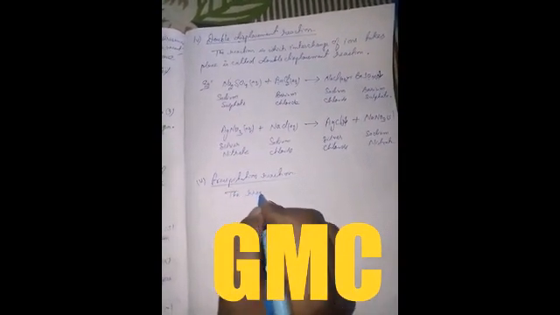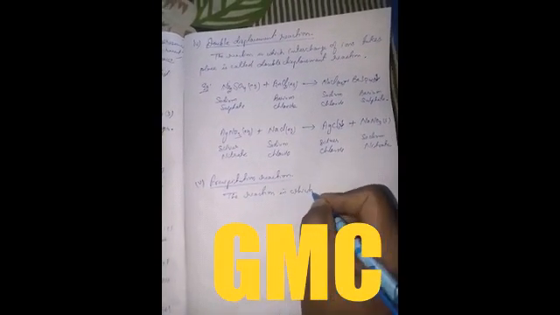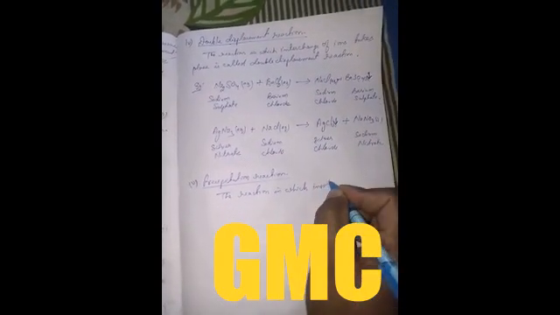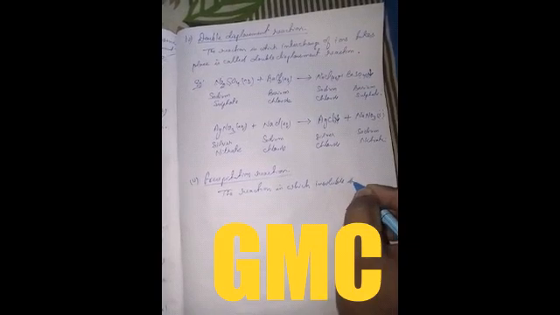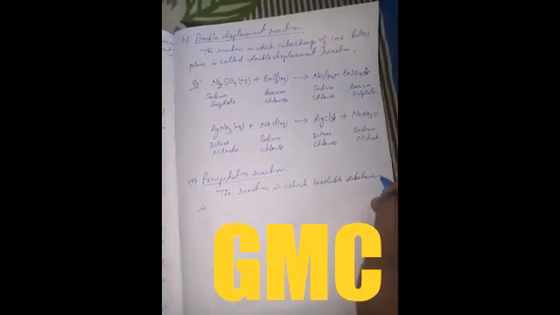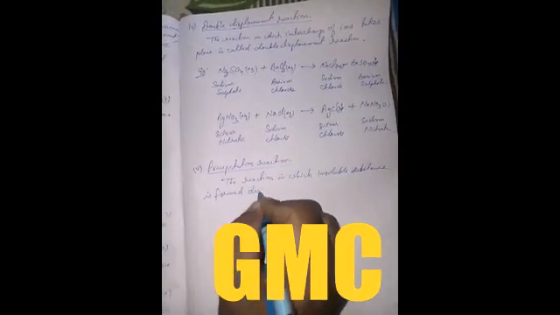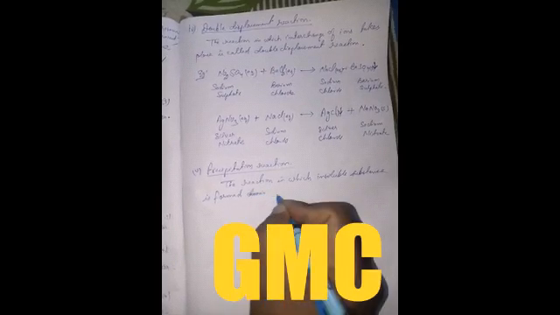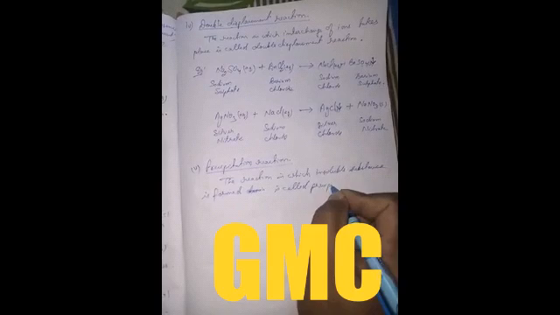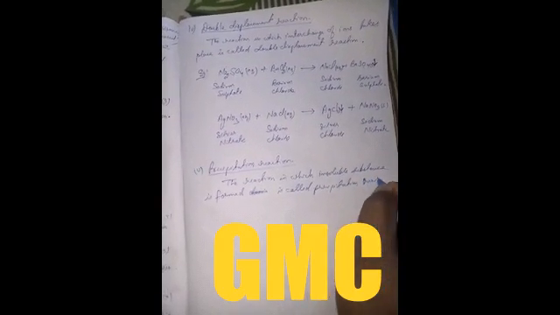The reaction in which an insoluble substance is formed is called precipitation reaction.